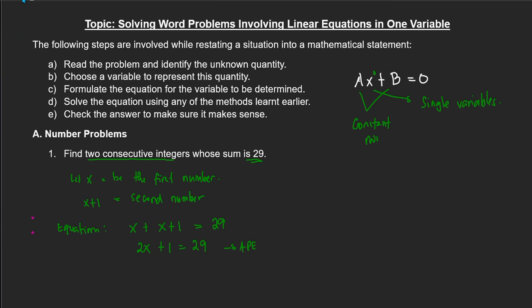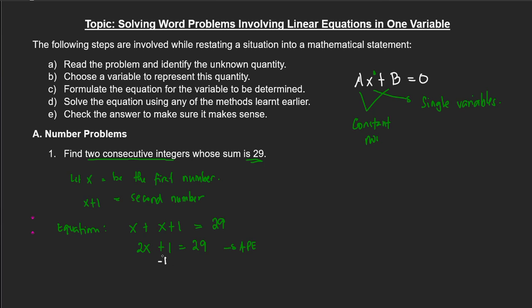Now, since yung number natin dito is positive 1, what will be the inverse number of positive 1? So the inverse number will be negative 1. Now, since we apply the addition property of equality, kung ano yung ginawa mo sa kabilang equation, yun din yung gawin mo sa kabilang equation.